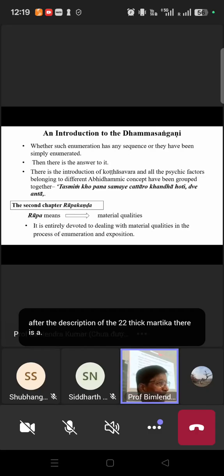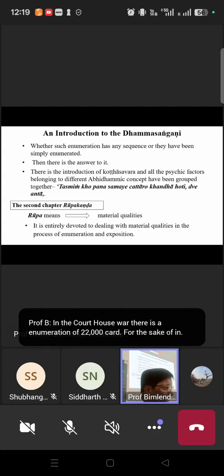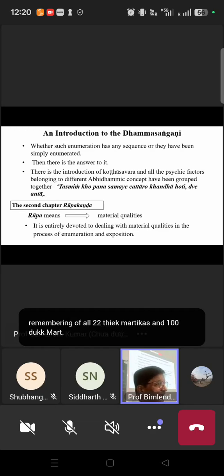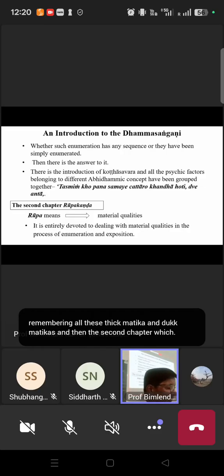In Suttantika, there is an enumeration of 22 Tikamatika and 100 Dukamatika just for the sake of remembering, and Sunyatavar is also for remembering all these Tikamatika and Dukamatika. And then the second chapter discusses the 27 types of material quality.